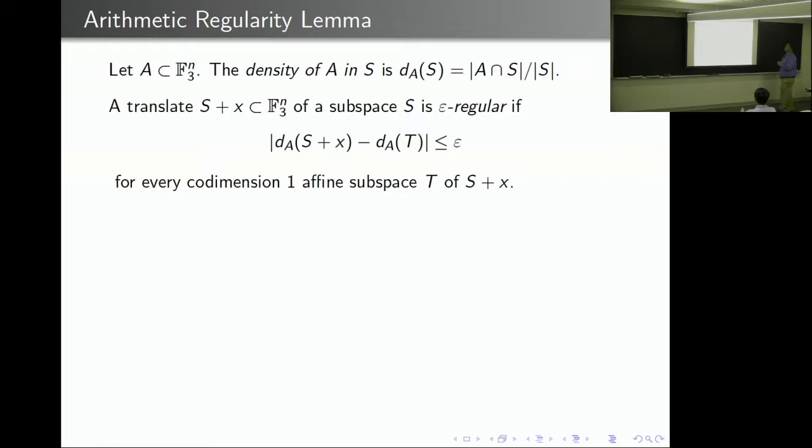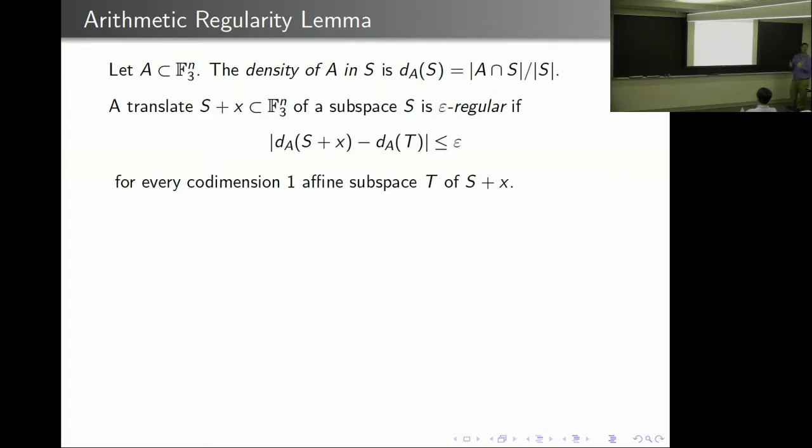And we call it epsilon regular if whenever we have a codimension 1 affine subspace T of S plus x, so codimension 1, this is just going to end up being some special types of subsets which are a third of the size of S plus x, and we look at the density of A inside that affine subspace, and if the density of A in this affine subspace is within epsilon of the density of A within S plus x, then you call the subspace epsilon regular.